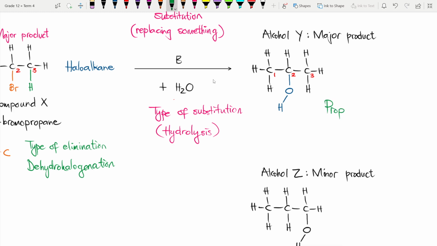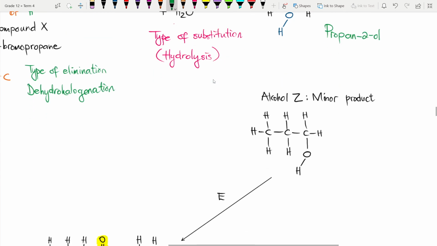Yes, so this is propan-2-ol. Actually propan, because it should be propanol. But if I have to put that 2 in between, it has to be propan-2-ol. Okay, propan-2-ol. Then what about the minor product?